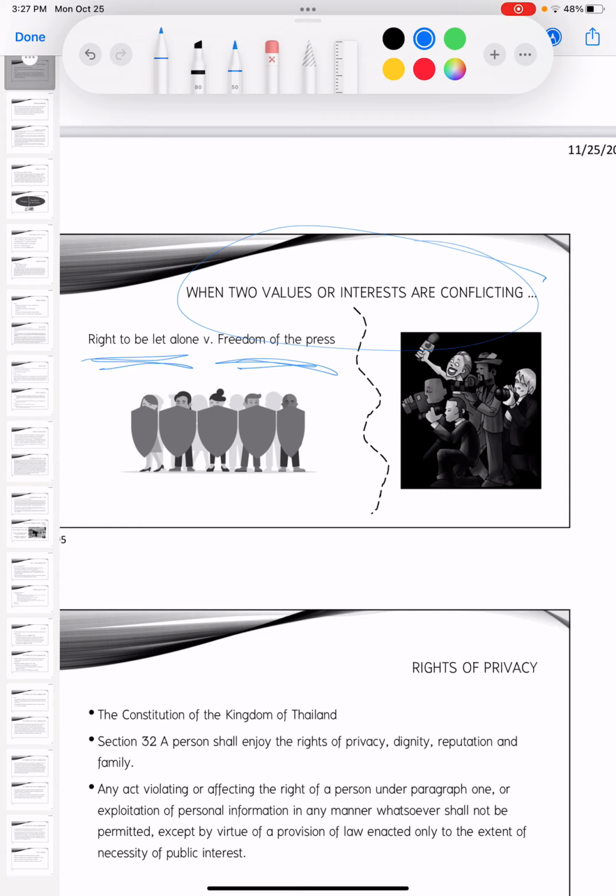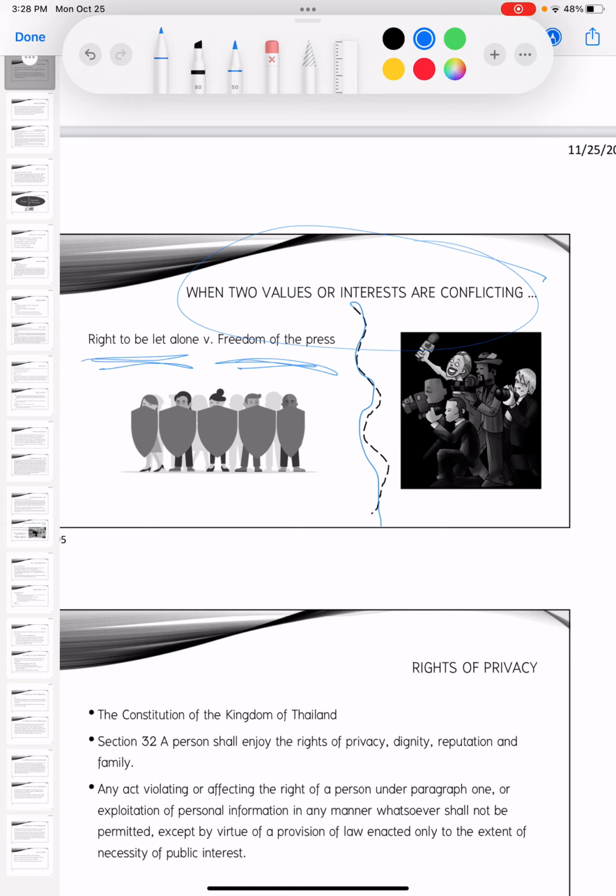And the media, as the medium, enjoy the right to freedom of the press, and if that news is okay to be known by the public, it is not going to violate the right of privacy. So we don't know exactly where the line between these is located, but at least we have some ideas on how to do the assessment carefully.